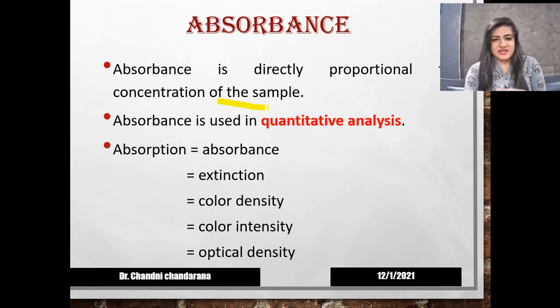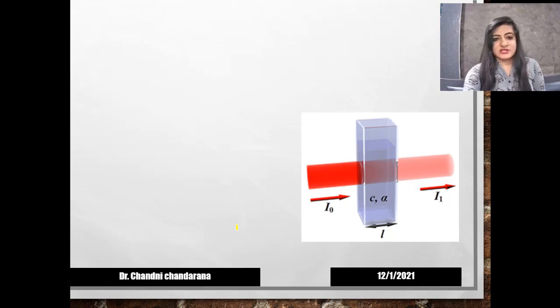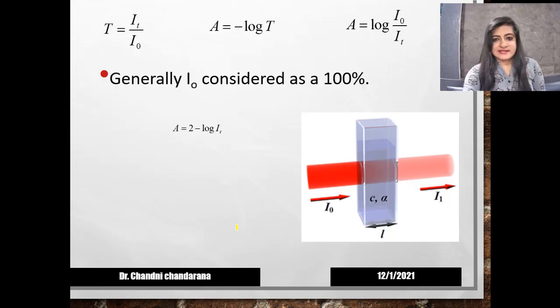For example, if we take the absorbance in an increasing order of concentration like 1 ppm, 2 ppm, 3 ppm, 4 ppm and 5 ppm, we will find that as we increase the concentration, there is an increase in the absorbance. So it is used for quantitative analysis. We can say absorbance is equal to extinction, color density, color intensity, optical density. Now see, here we can find what it is exactly.